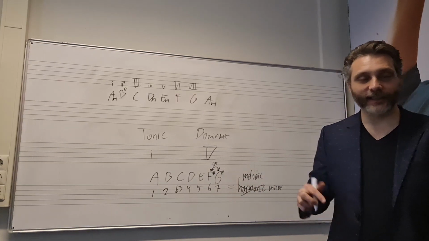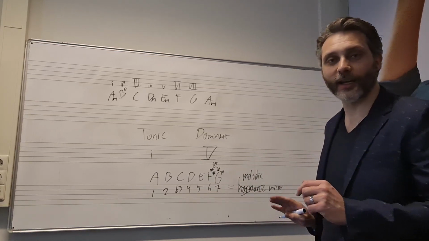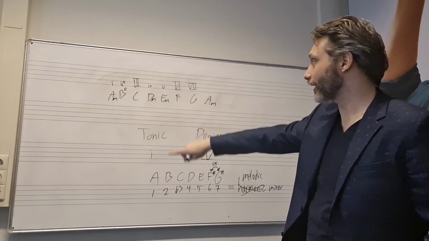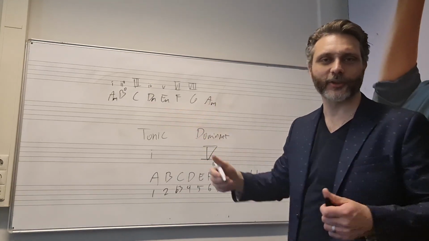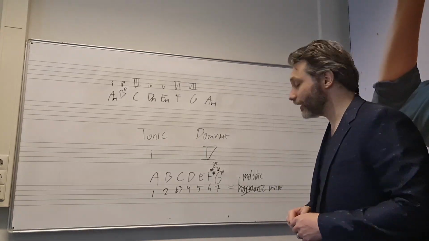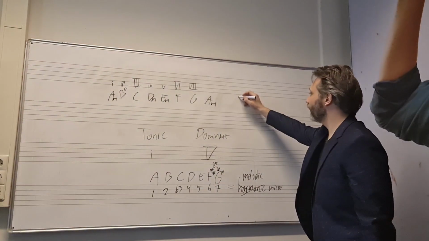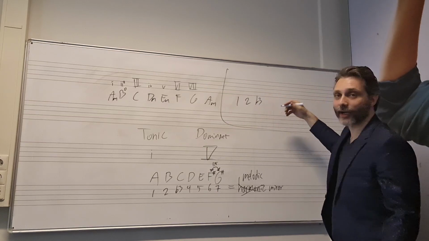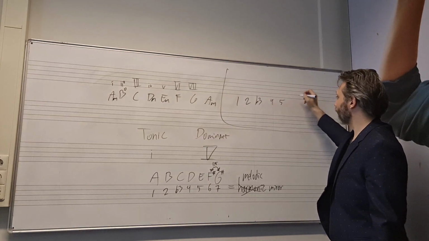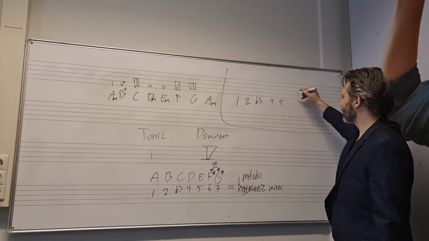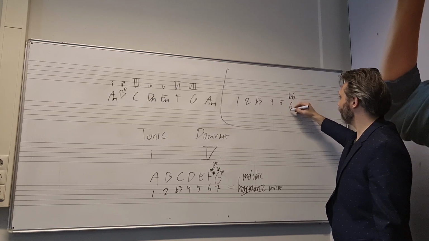Okay? Classically speaking, you would ascend using melodic minor and descend using natural minor. But in modern music, that's not quite as relevant anymore. Anyway, what's important for you to know is that a minor scale has a 1, 2, flat 3, so minor third, 4, 5, and then there's some flexibility built into the minor key. You can have either the minor sixth or the major sixth.